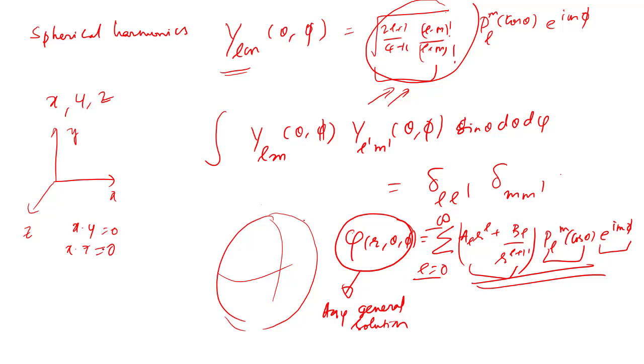And then I can express any vector. For example, if I pick some point here, any vector, I can express it as some ax times x plus ay times y plus az times z. So if I have an orthogonal, complete set of coordinates like x, y, z, I can express any vector as a sum of x, y, z.